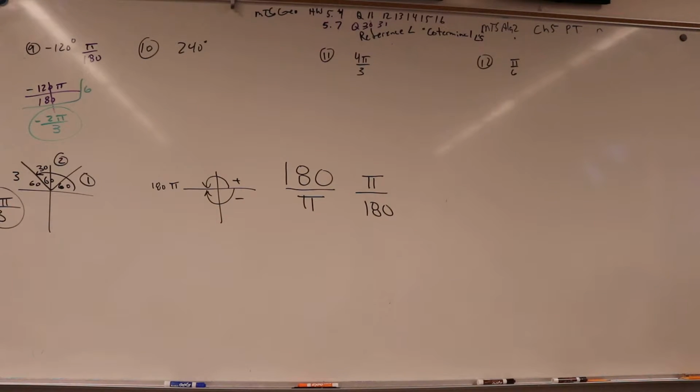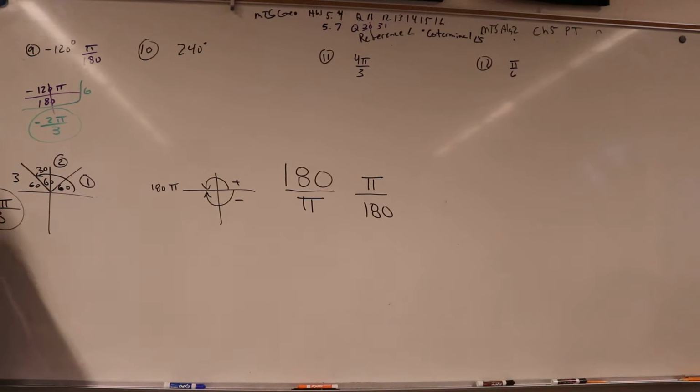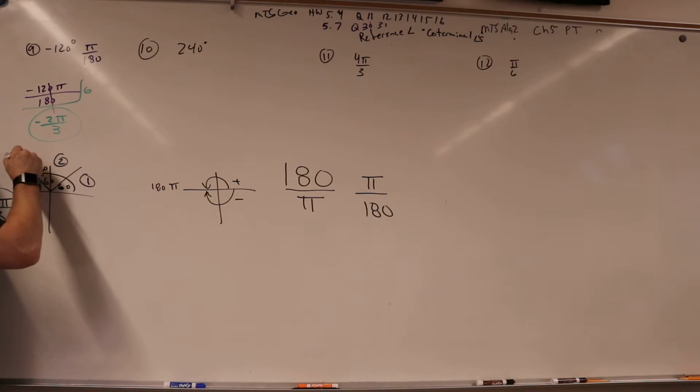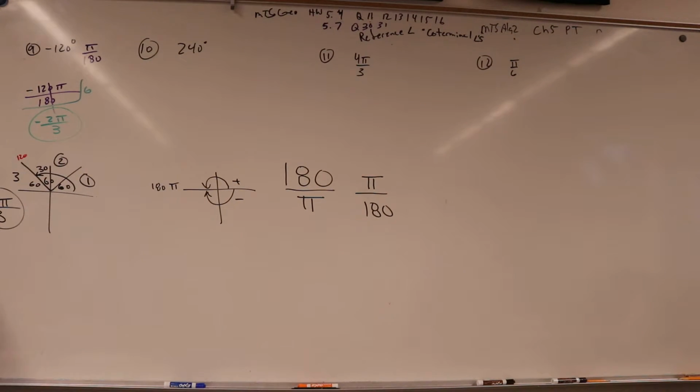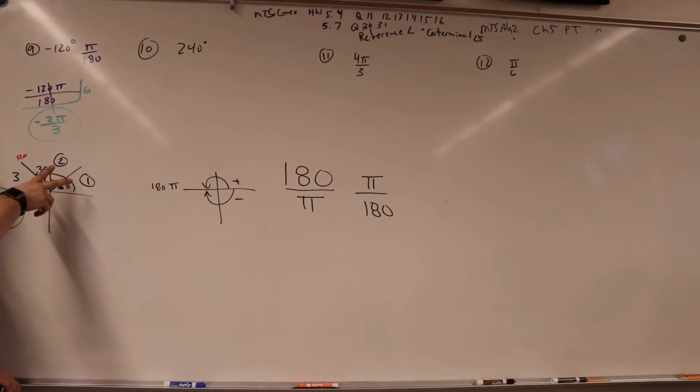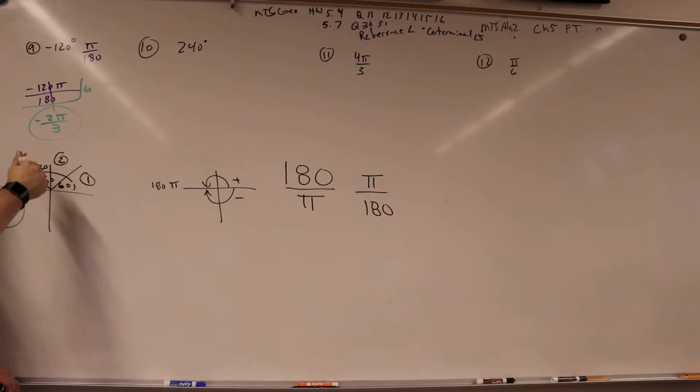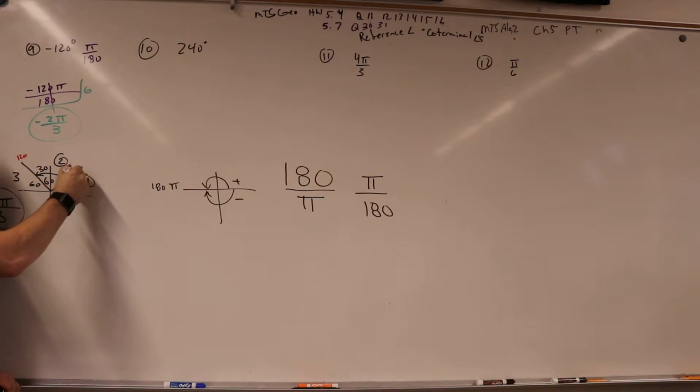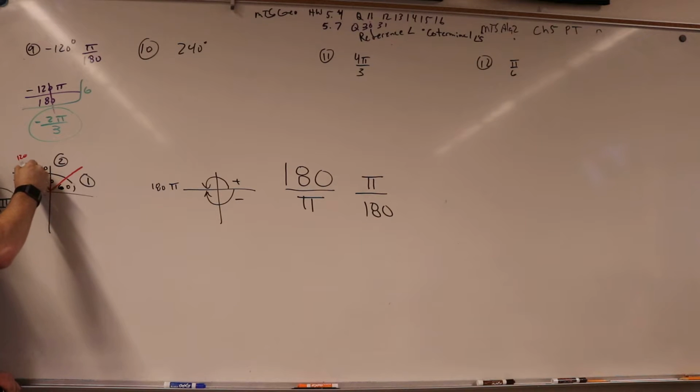Can you please explain the bottom one? So the bottom one, remember, we're just taking that 120. And 120 is really, how much is left after 120? 60, right? And how many times does 60 go into 120? Twice. So if we take a look at it as red, it's a little easier.